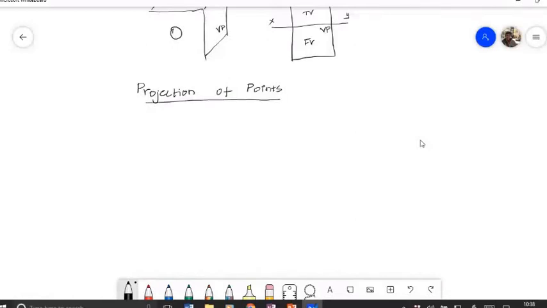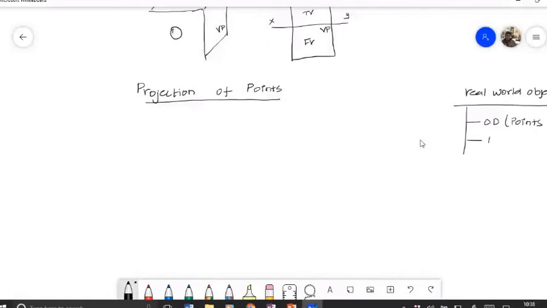Our objective is to draw the projection for real world objects. But if we directly start with three-dimensional objects, it will be very difficult to understand. So we are going to slowly move into the topic. First we will start with zero-dimensional objects, which are nothing but points.